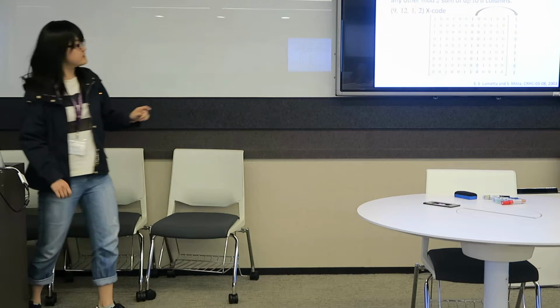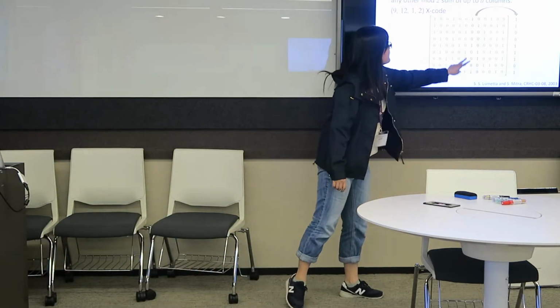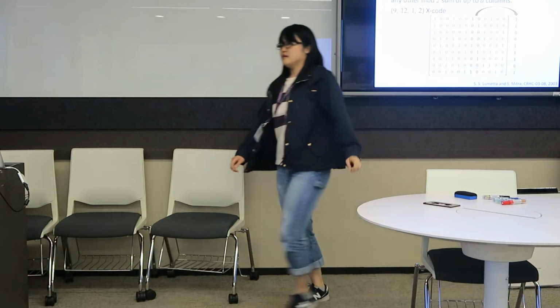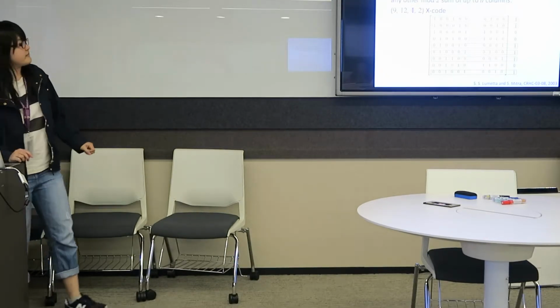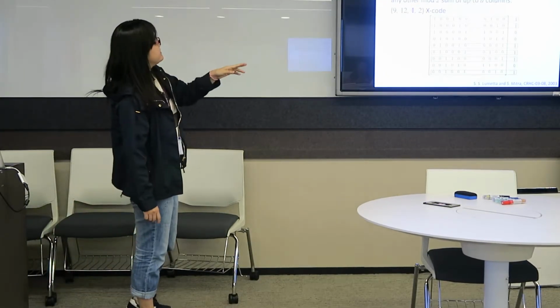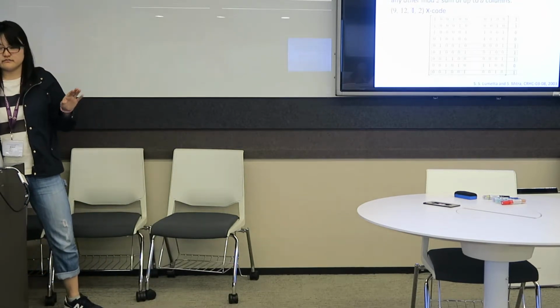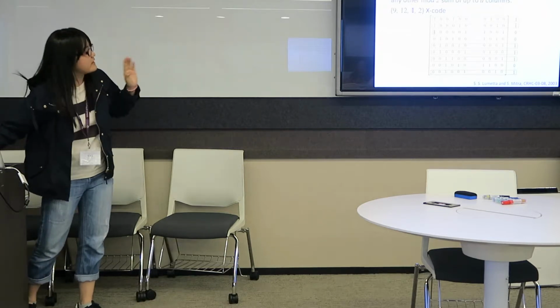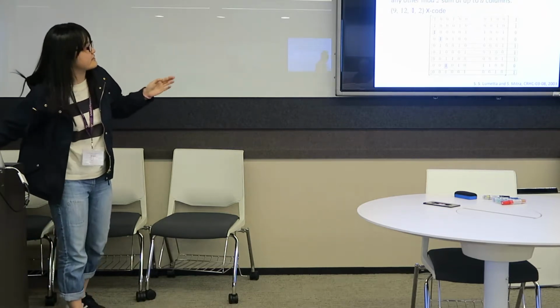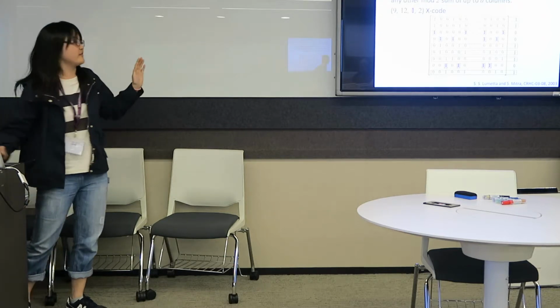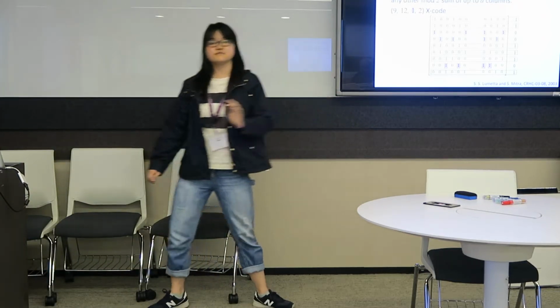For example, the Boolean sum of these two columns is this. And the Boolean sum of the vector does not cover the first, second, third, or other columns.